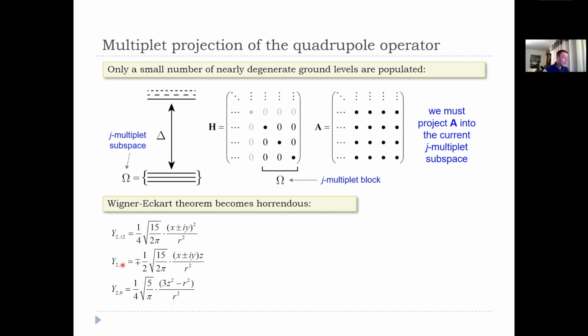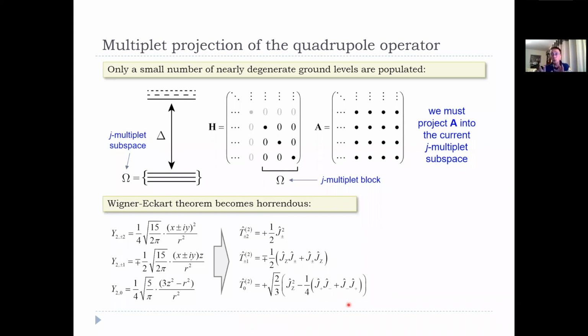You have to make second-rank irreducible spherical tensors and spherical harmonics in this case. After the projection, they become irreducible spherical tensor operators. You don't want to know. Trust me, it is a disaster.